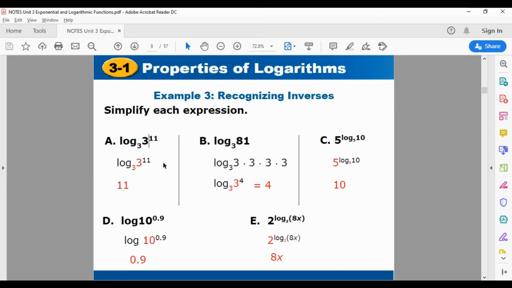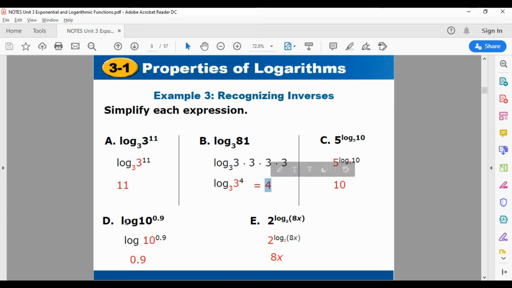You could go through and do the math, expand 3 to the 11th power and then take its logarithm, and see that eventually it takes you right back to where the exponent 11 just ends up being your answer. We can advance this a little bit more. Log base 3 of 81. Well, 81 is 3 to the 4th, and so log base 3 of 3 to the 4th is just going to be 4.